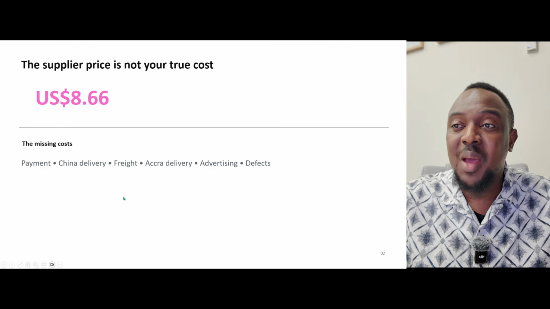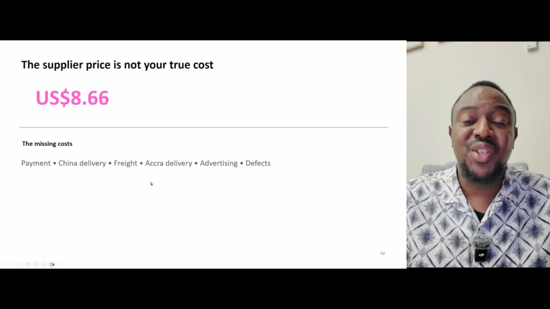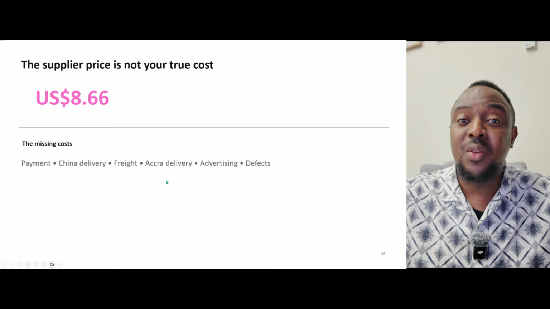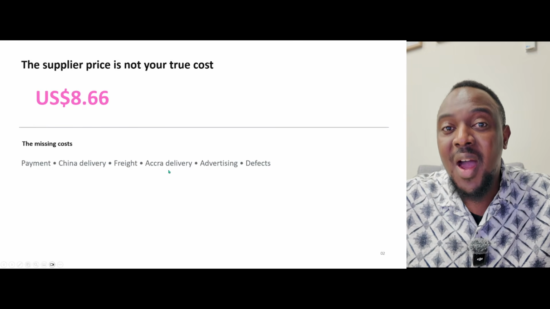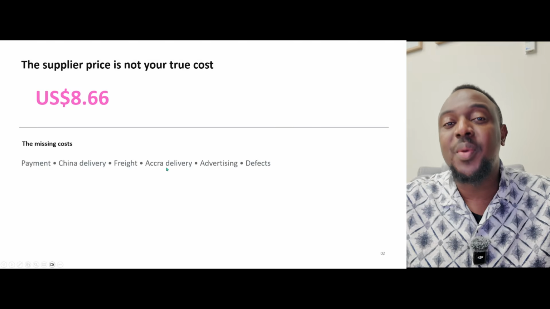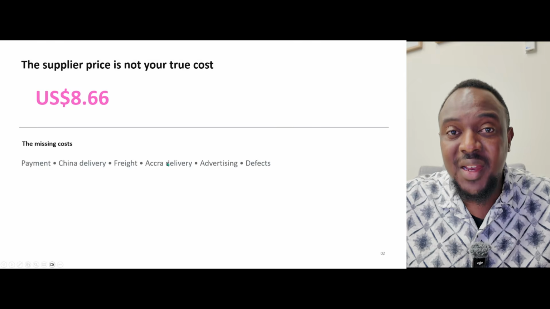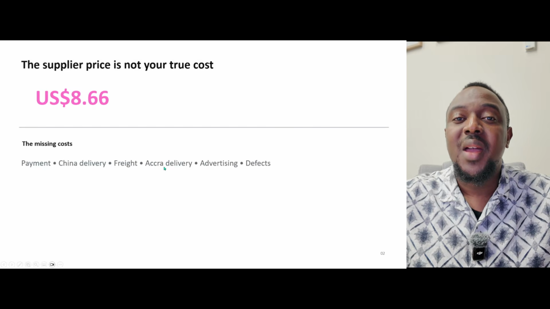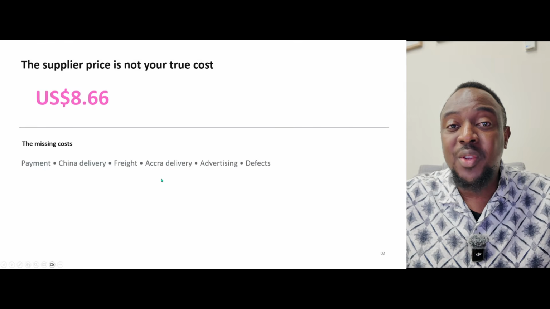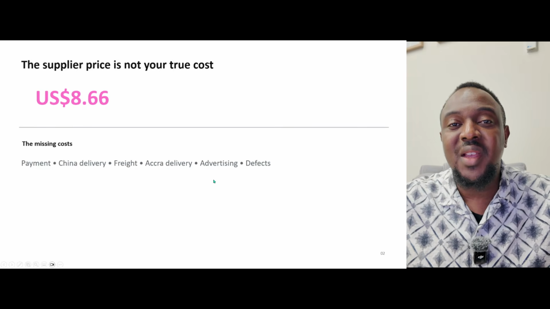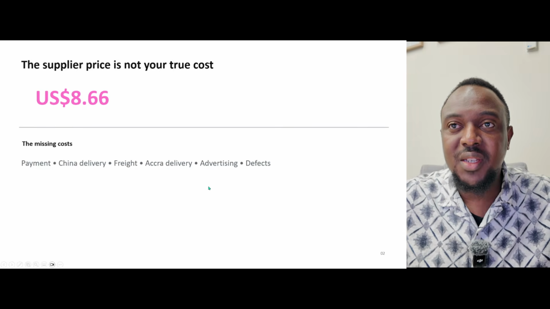Also, how much BuySellClub is going to charge to ship the item to Ghana, and how much it's going to cost to deliver the goods from the BuySellClub warehouse in Accra to their doorstep. And sometimes you have some defects.